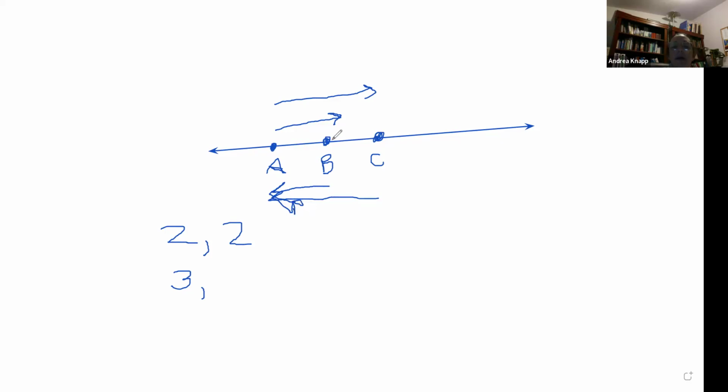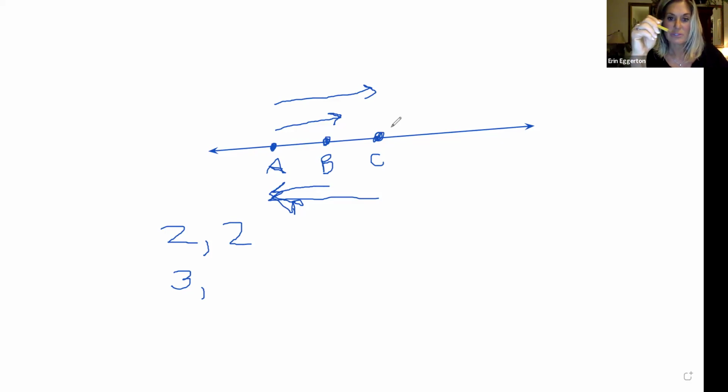Now AB is the same as AC. BC is the same as AC. CA, because that's a new starting point. So CB has already been done.